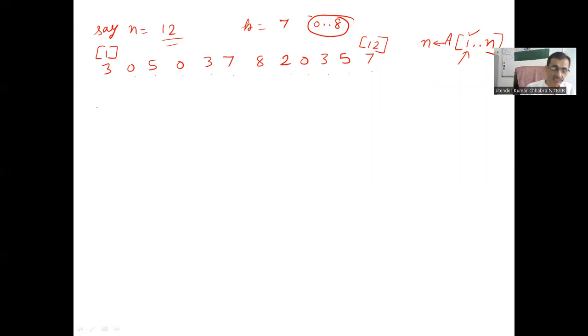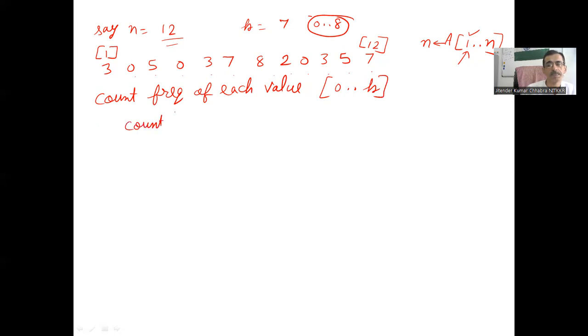Well, effectively now, the main logic says I'm going to simply count the frequency of each number, frequency of each value. And the values are effectively in the range of 0 to k. So I will count how many times 0 appears.